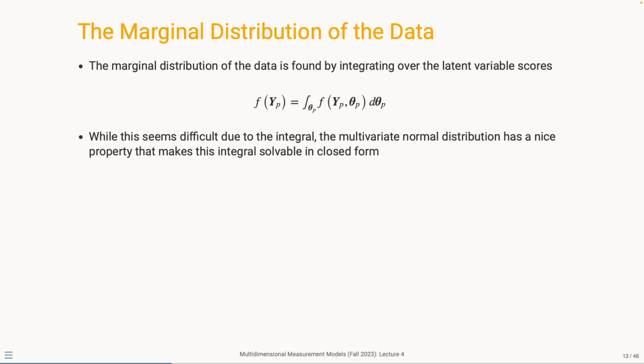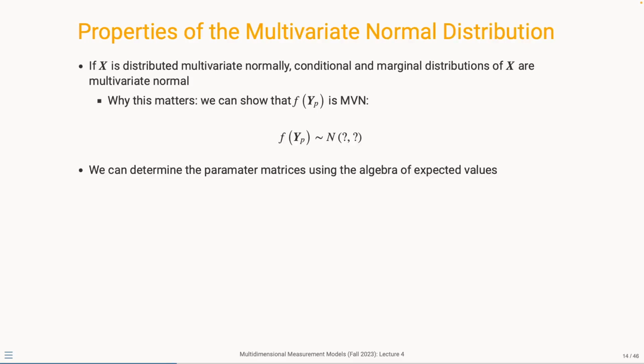So it turns out this integral, which looks terrible, and believe me, it's even more terrible when you code it, turns out with multivariate normal distribution, there's a nice property that allows us to not have to do it. We can just use a formula. If x is distributed multivariate normally, then both conditional and marginal distributions of x are also multivariate normal.